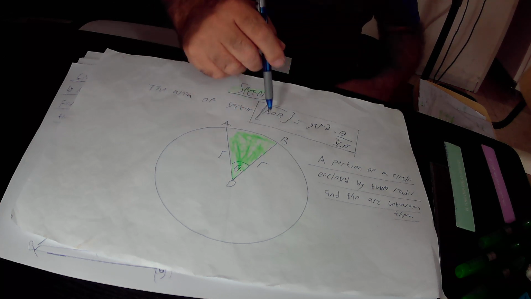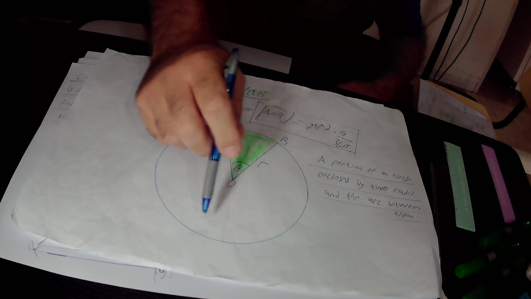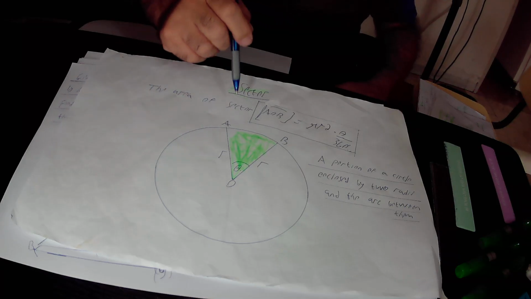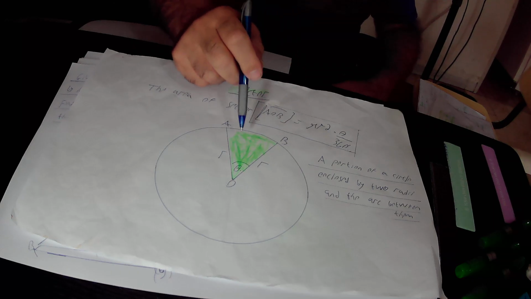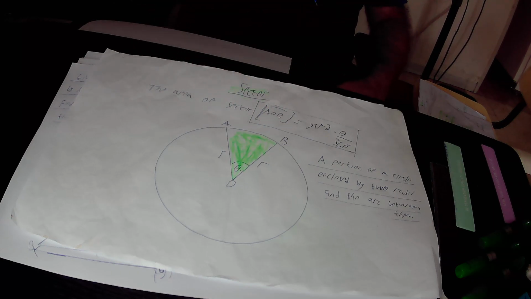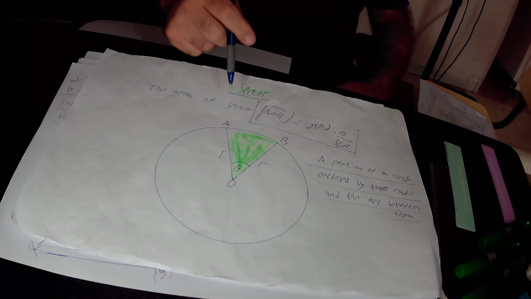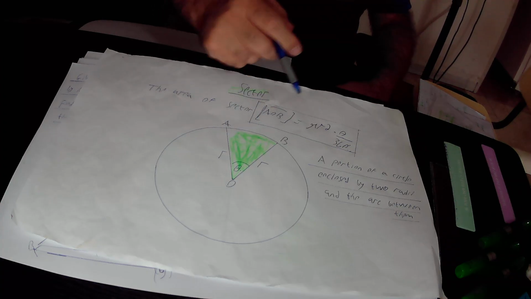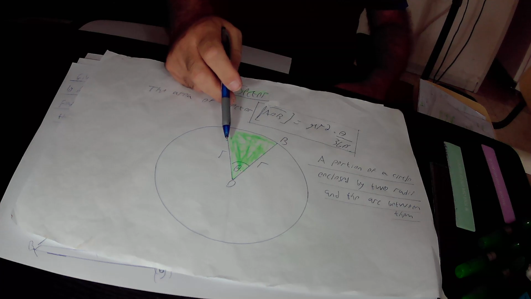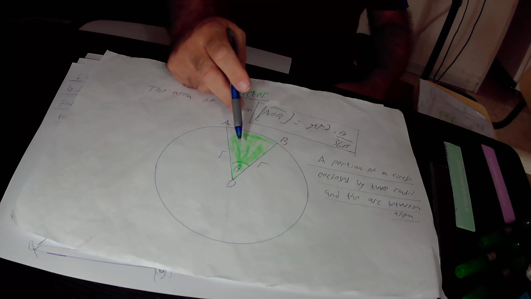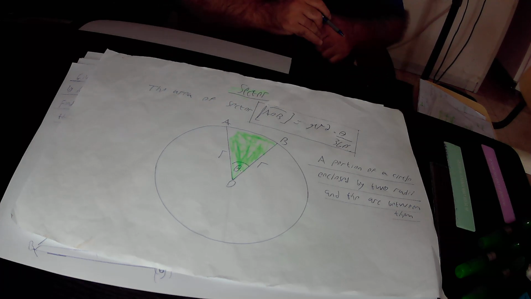Sector AOB is a portion of this circle enclosed by those 2 radii and the arc KB between them. The 2 radii are defined as the legs of the sector. Angle theta is the angle located between those 2 legs of the sector AOB.